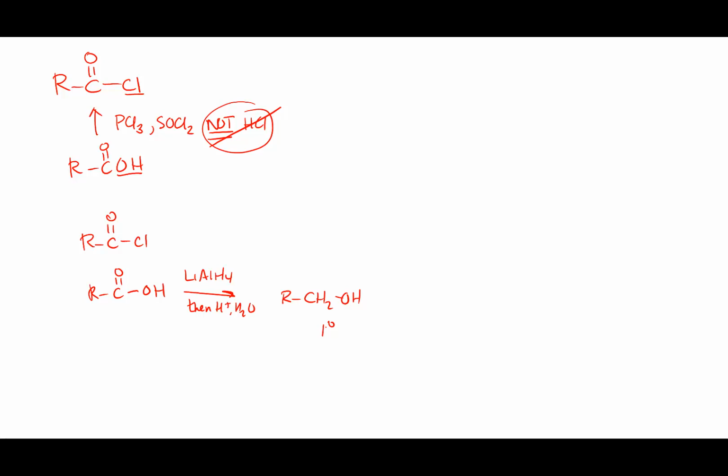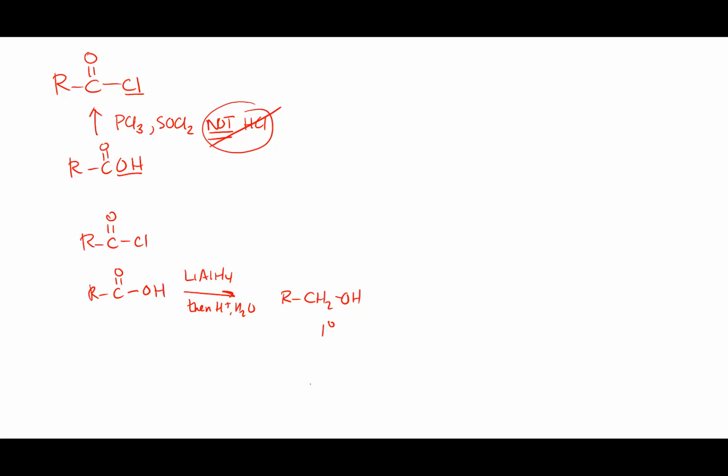I'm not done showing you mechanisms yet, so I'm going to hold off on that mechanism until we get to carboxylic acid chapter 24. Because there is a truly magic step in that I don't want to fluff over. I've already used up all my magic in the first two reactions that we did.